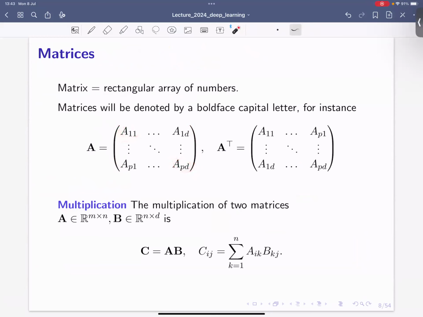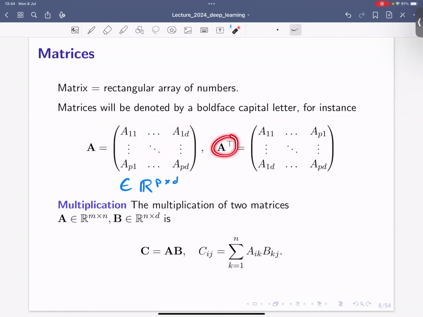So these are all the elements of this matrix. We have one row of the matrix, up to P rows of the matrix, and then up to D columns. So this matrix has dimension P rows by D columns.